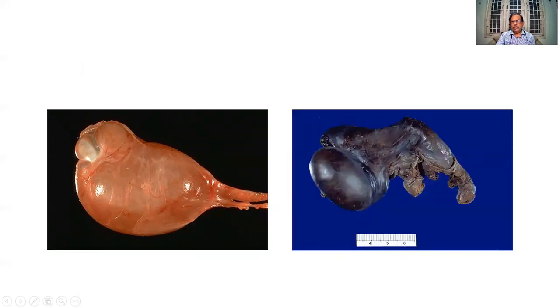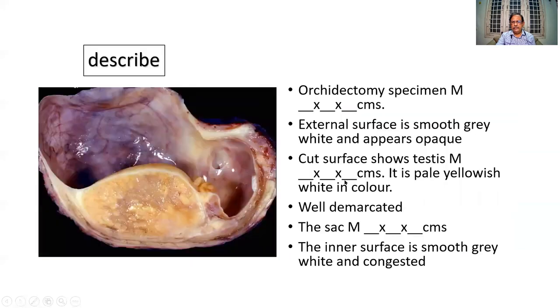This is just for comparison, another case which can also be kept for you, a torsion of the testis leading to a gangrene. Please describe. This is what you people are supposed to do. This is an orchidectomy specimen, measuring dash into dash into dash centimeters. Three dimensions. The length, the breadth, and the third dimension will be the thickness.